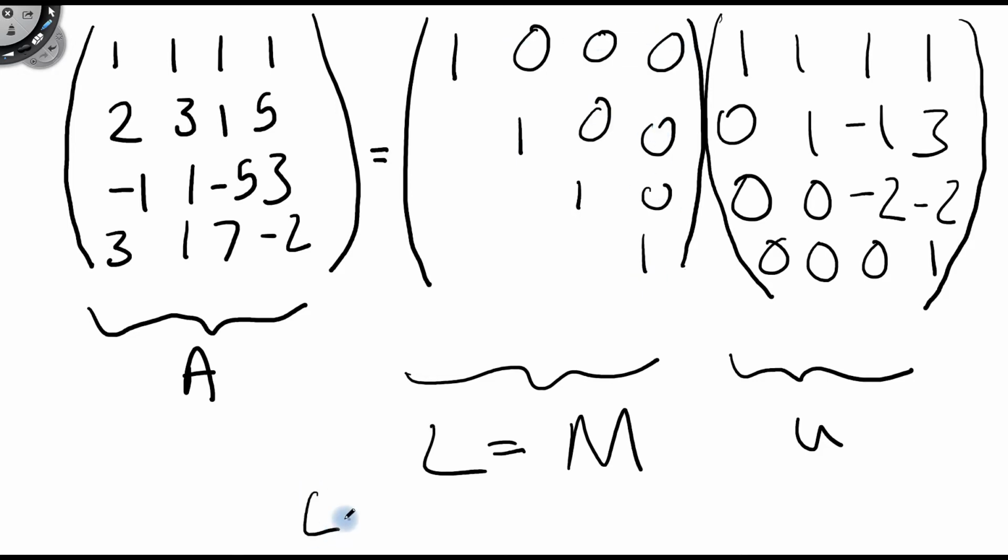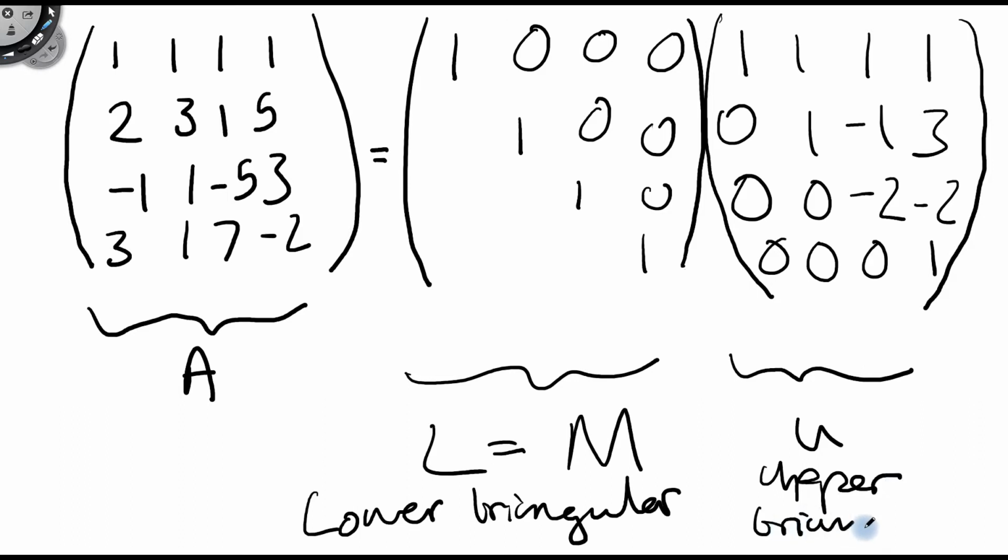So this is lower triangular, and this is upper triangular. And these triangular matrices are dead easy to invert, because you just evaluate the corner element and then either backward or forward substitute. You go through the matrix upwards and downwards, and that's all fine.